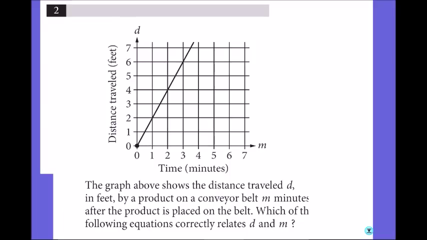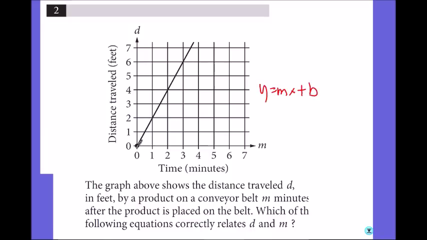Number 2, the graph above shows the distance traveled, D in feet, by the product on the conveyor belt, M minutes after the product is placed on the belt. Which of the following equations correctly relates D and M? It's a linear function, so it will be y equals mx plus b.